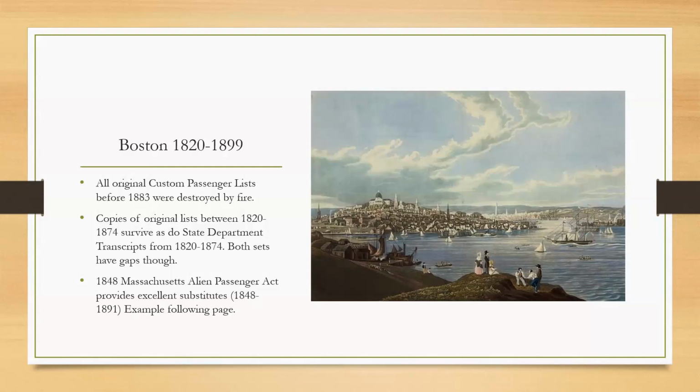And basically, what it does is it required the captain of a ship to supply a copy of his passenger list, because Massachusetts had made this law saying that every passenger had to pay a $2 tax that, of course, would have been paid to the captain first, and then he would have to deposit it at the port of Boston to provide for immigrants that had arrived on the shores of Boston with nothing but the clothes on their back. This is basically to indemnify Boston for taking care of feeding and housing these people until they found work on their own.